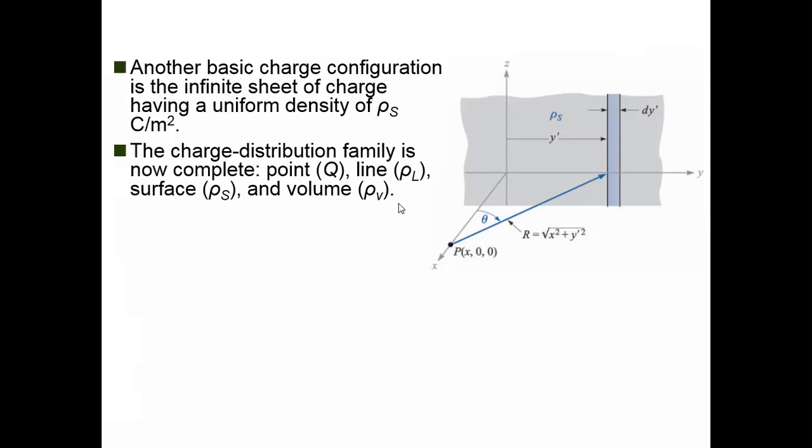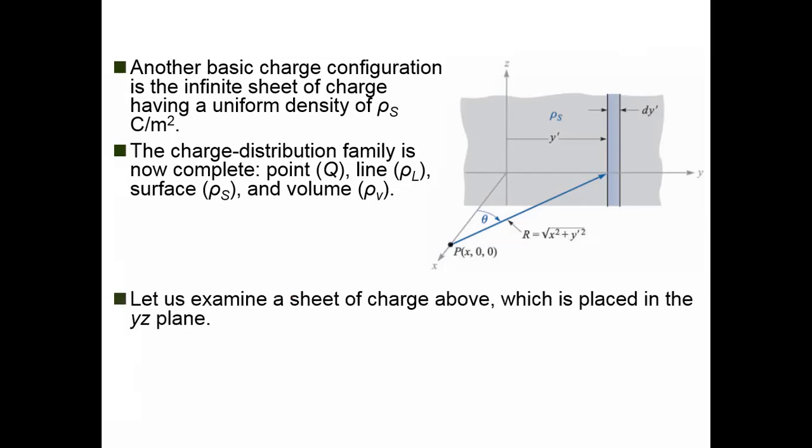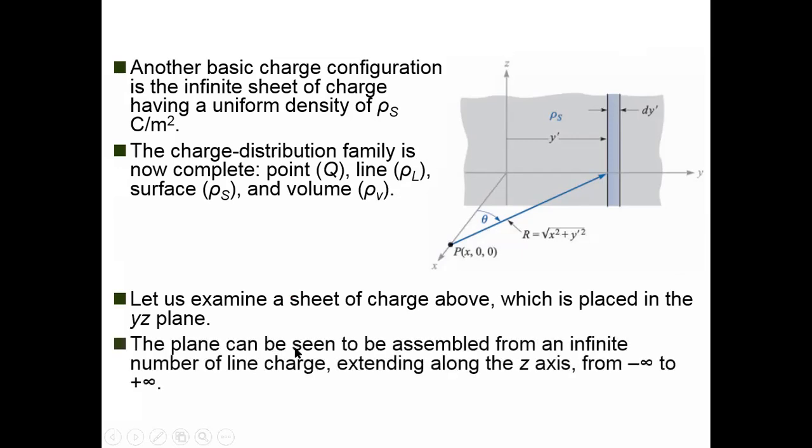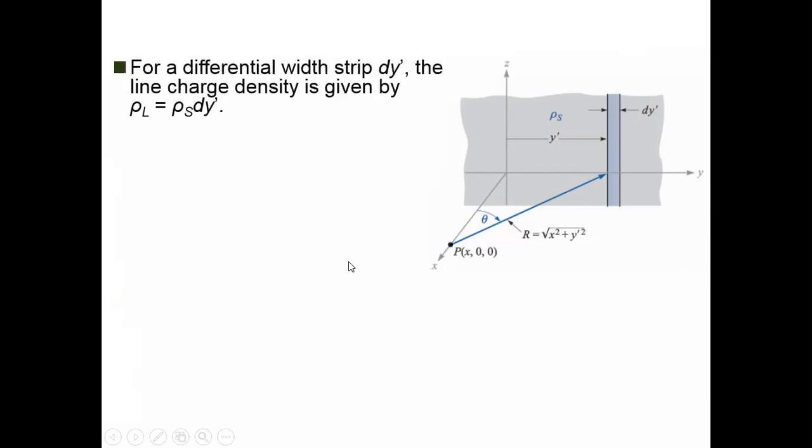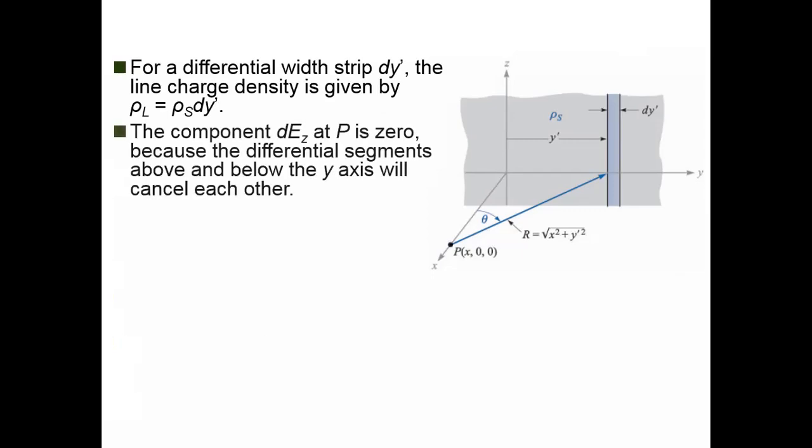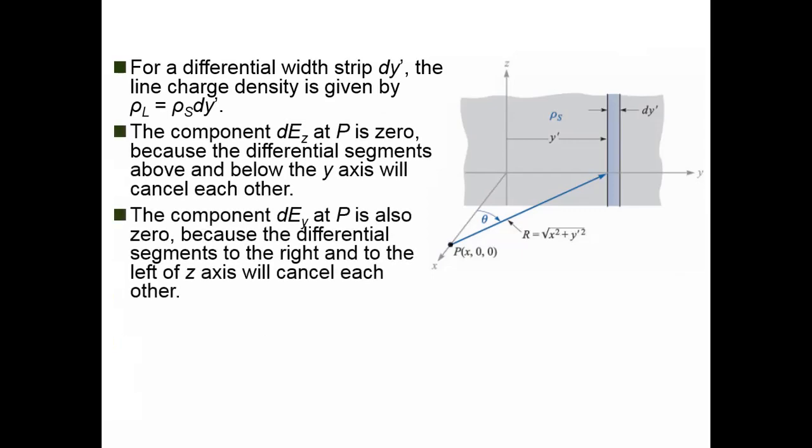Again, I will not go into much of the steps, but I will just let you know how the derivation is done. Again, we are taking a small sheet placed in the yz plane, an infinite sheet in the yz plane, from minus z to z. Now again the components will cancel out each other due to symmetry, but this time it is not the z component, rather the horizontal component that will cancel out each other.